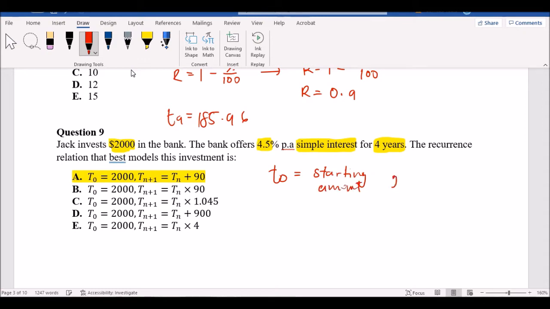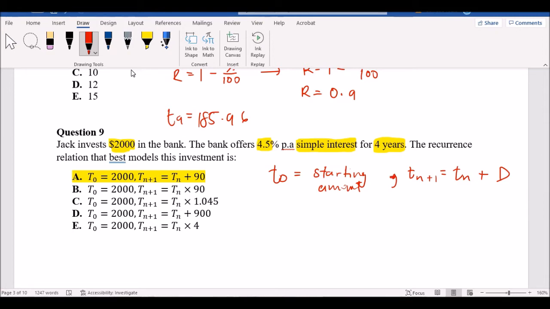And then comma, Tn plus 1 is equal to Tn times how much it's multiplying by, or in this case, because this is an arithmetic type question, how much you're increasing by. I know some of you may have forgotten how to do this, but I really encourage you to watch those videos again, as they have the rundown on how to do these.